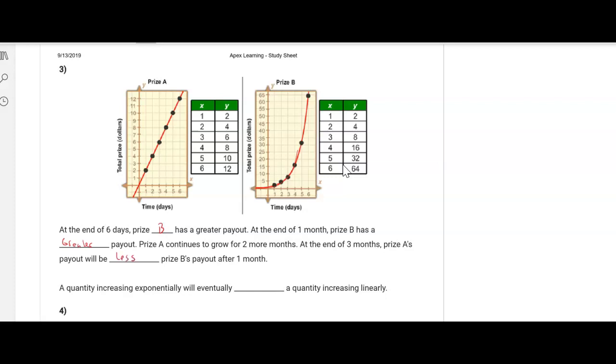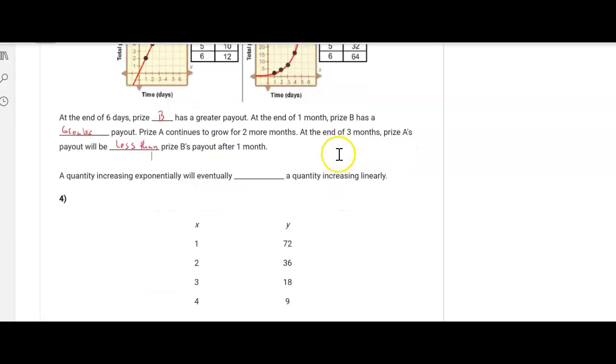It would be less than prize B's payout after 1 month. Okay, so the next one, a quantity increasing exponentially will eventually exceed a quantity that's increasing linearly. So no matter what, even if the line starts out above, eventually the exponential function will catch up.